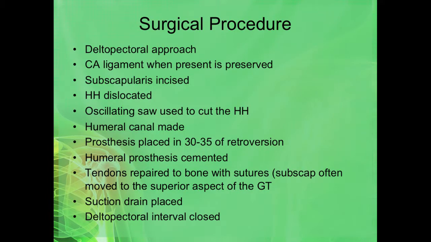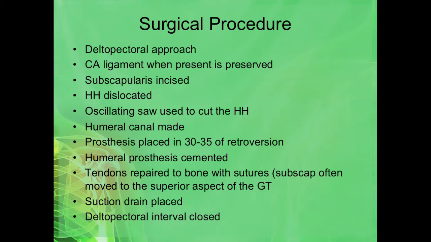To give you an idea of this surgical procedure, they usually take a deltopectoral approach. The coracoacromial ligament, if present, is preserved. They incise the subscapularis, dislocate the humeral head and cut it off. Then they drill a canal into the shaft of the humerus, and that prosthesis is then placed down inside, and the humeral head is retroverted approximately 30 to 35 degrees.